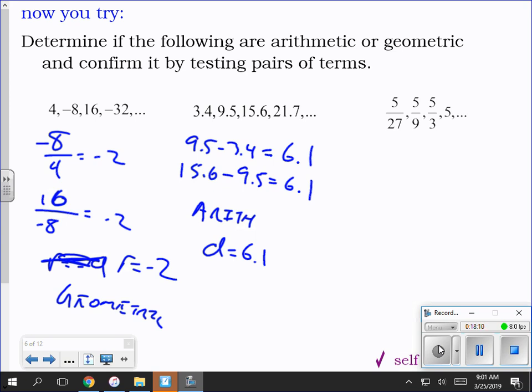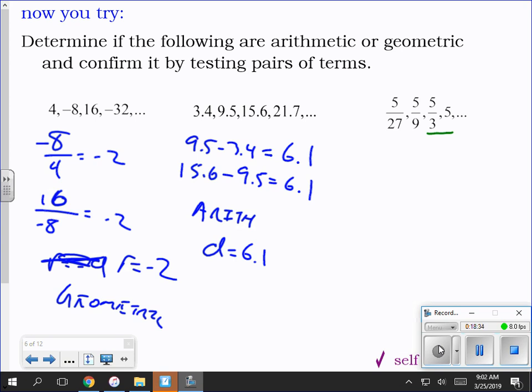Now, for me, for a clue, I look right here at the end. To go from 5/3 to 5, to get rid of the 3 in the denominator, what do I do? I multiply times 3. 5/3 times 3 gives me 5. If I multiply these ones by 3, same thing happens. Your denominator reduces by a power of 3 each time.